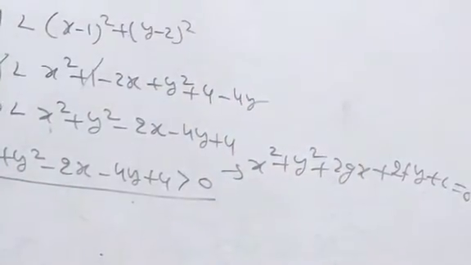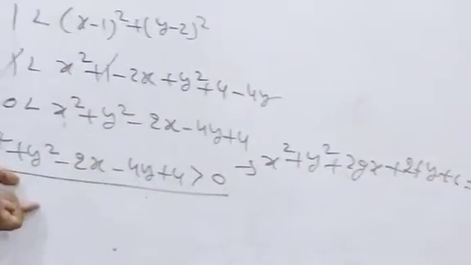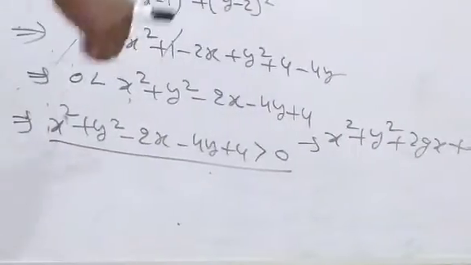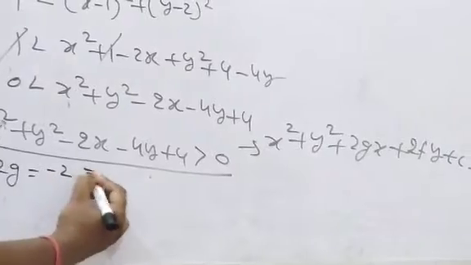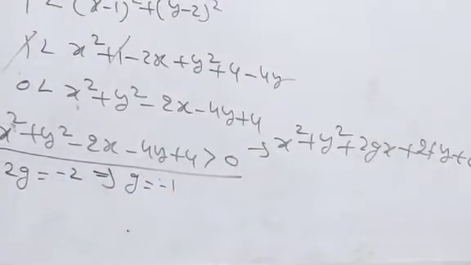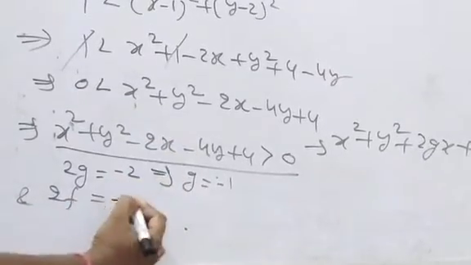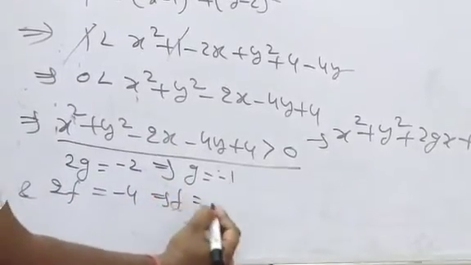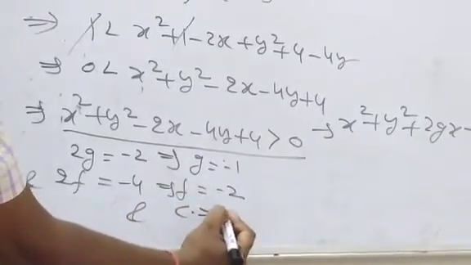Clear? Because this is the standard equation of a circle and in the given question we have to compare to this equation. Now 2g is equal to minus 2, that is g is equal to minus 1. And 2f is equal to minus 4, f is equal to minus 2. And c is equal to 4.